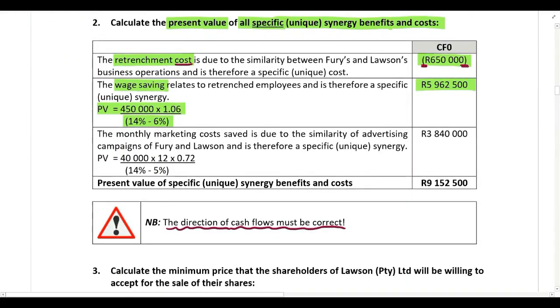All right, so you can see that calculation over here. That was then everything in the question, so that gives you the present value of the specific or unique synergy benefits and costs. Please note, guys, with the monthly marketing costs, that's a saving. So you show that as an inflow.